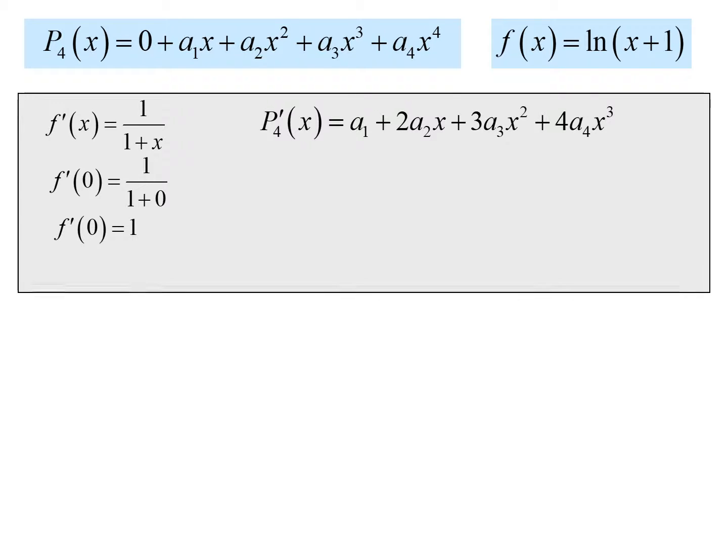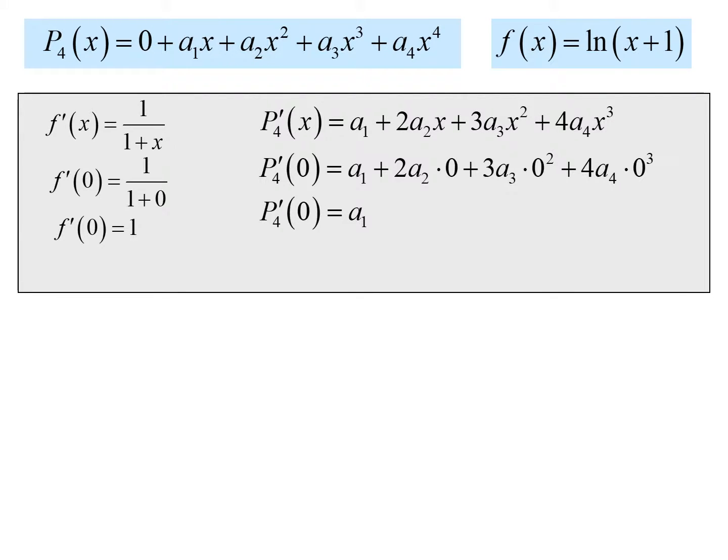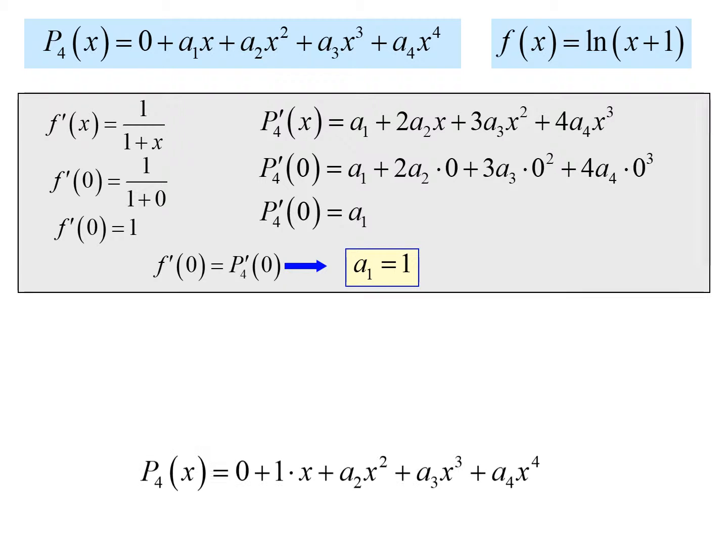Let's take the first derivative of the polynomial, so using power rule on all of these, the constant term goes away, bring the exponent down, reduce it by 1, so you can see we've done that. Now we evaluate the derivative when x equals 0, and everything goes away except for a sub 1. Well, if f prime of 0 is 1, and p prime of 0 equals a sub 1, if those are going to be equal, then a sub 1 equals 1.